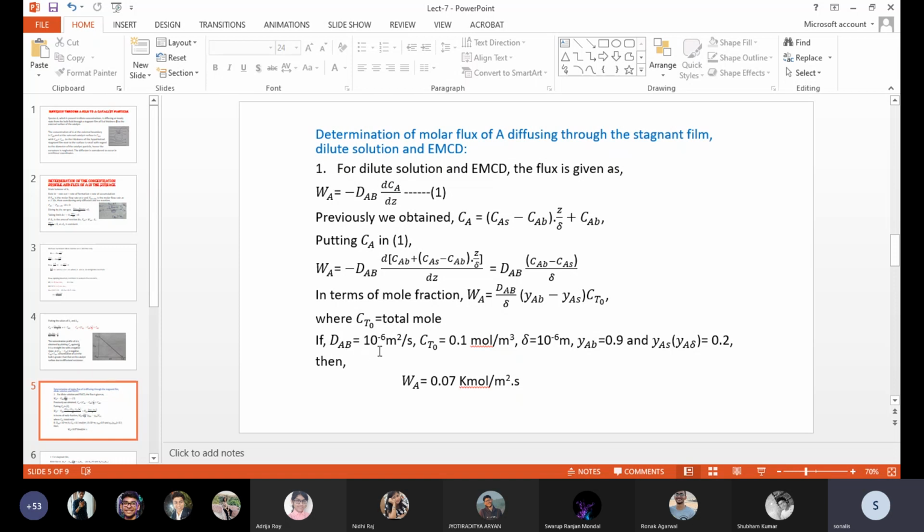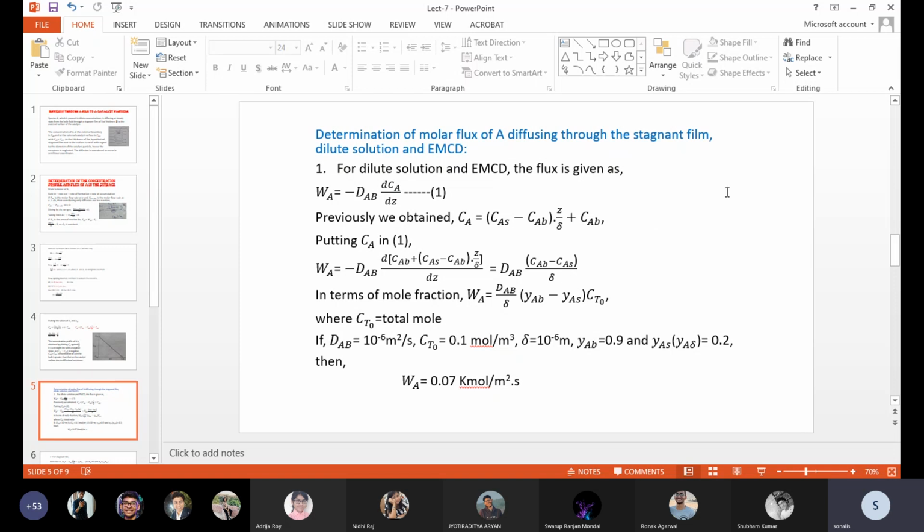Say D_AB is 10 to the power minus 6 meter square per second, C_T0 is 0.1 mole per meter cube, delta is 10 to the power minus 6 meter, Y_AB is 0.9, and Y_AS or Y_A delta, whatever you wish, S is surface, delta is at the end of the film, is 0.2. Then W_A, after you solve this equation, comes to 0.07 kilomole per meter square second.